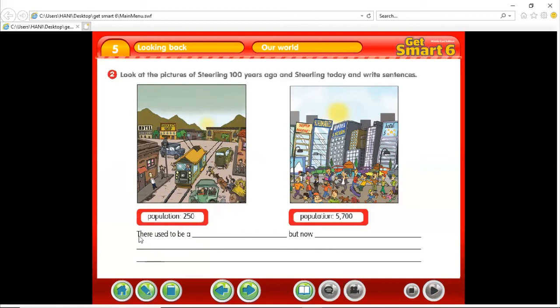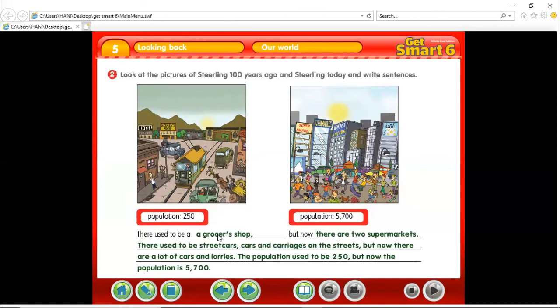There used to be a grocer's shop, but now there are 2 supermarkets. One grocery shop and 2 supermarkets. There used to be street cars and carriages on the streets, but now there are a lot of cars and lorries, as you can see.